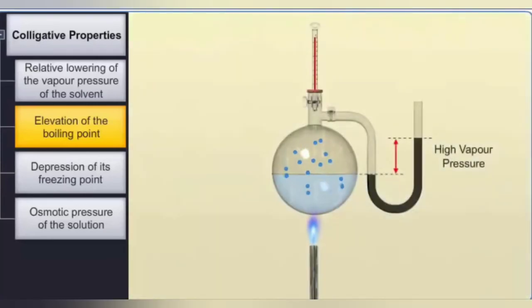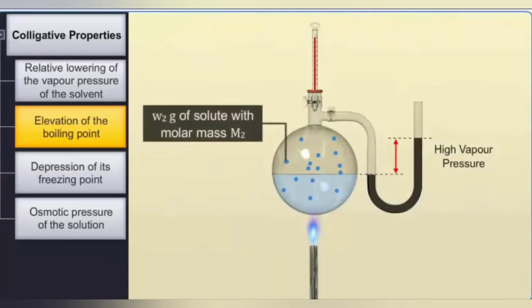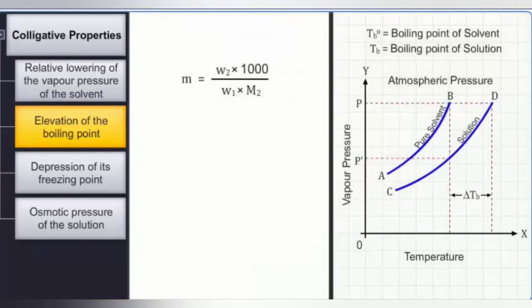If W2 grams of the solute with molar mass M2 is dissolved in W1 grams of a solvent, the molality m of solution is given by W2 multiplied by 1000 divided by W1 multiplied by M2.